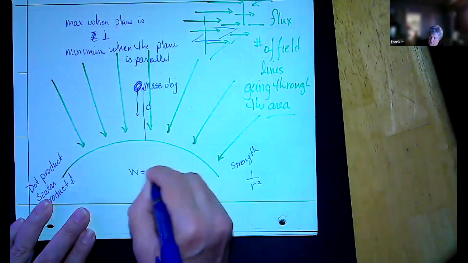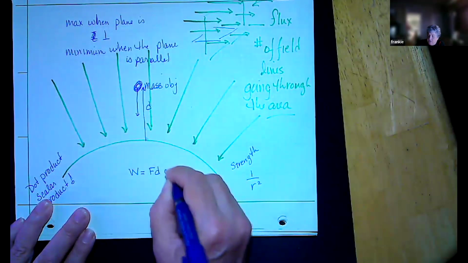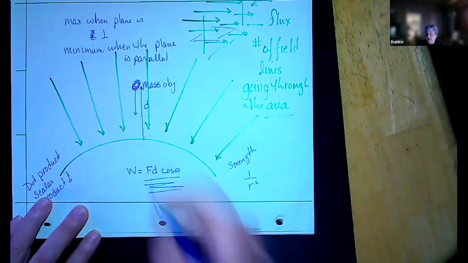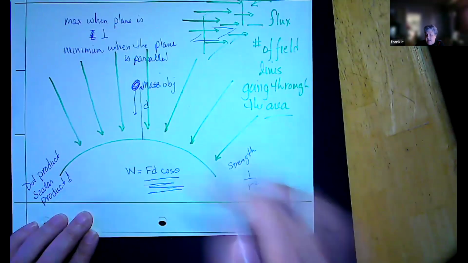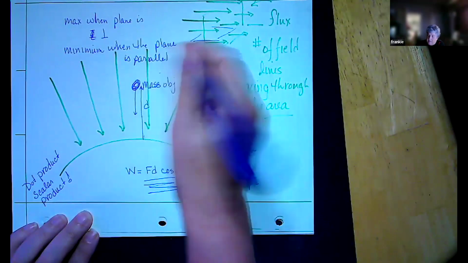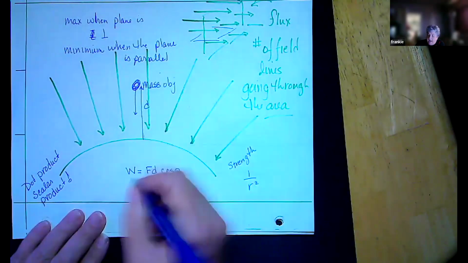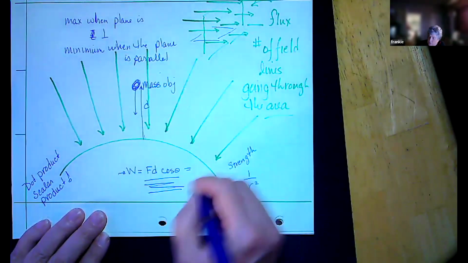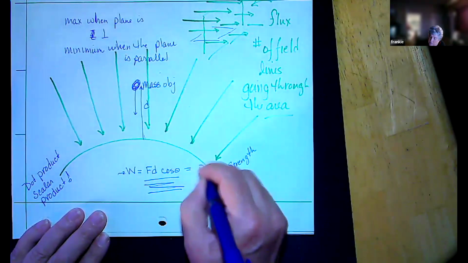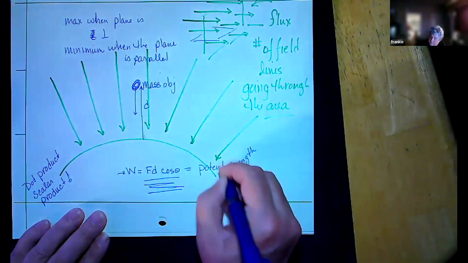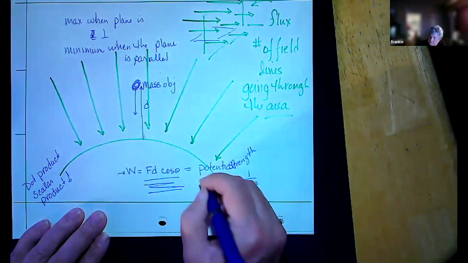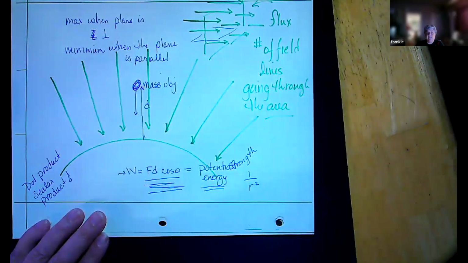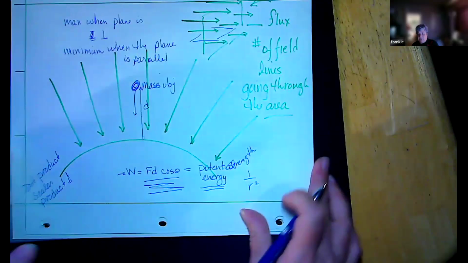Remember, work was force times distance, cosine of my angle. We've seen that before. But in this case is where we're drawing our angle. And I got work, but we also said that force times distance gave me something we called potential energy. I get this idea of potential energy.